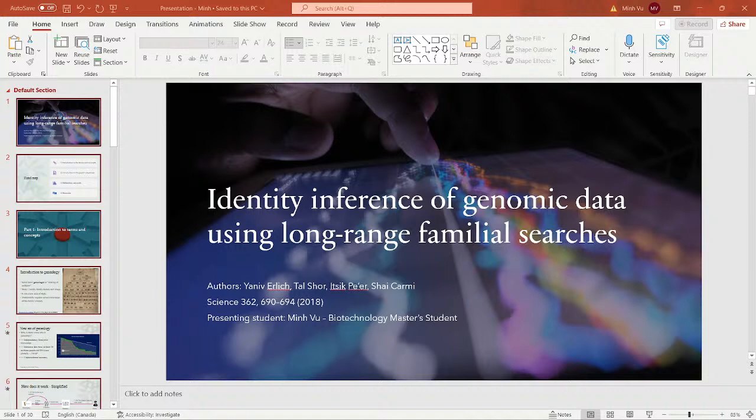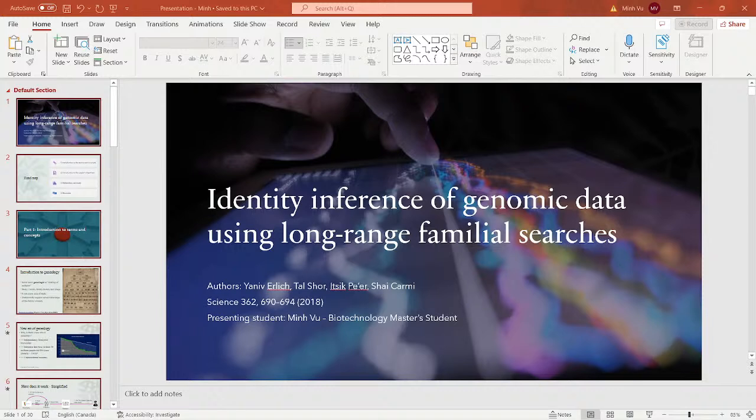Now, with all that background in mind, let's go to the paper's objective. What does the paper want to do? This paper wants to showcase the strength of identity inference of genomic data using long-range familial searches. That's a lot of words. What it means is that we are trying to identify a particular person with just their genomic data.